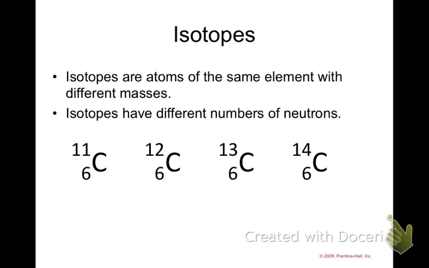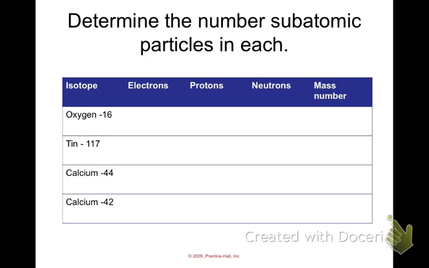Again, these are all isotopes. They have different numbers of neutrons. You can determine the number of subatomic particles in each particular isotope as long as you are given the mass number. This is another way of writing the nuclear symbol. All of these are the mass number.